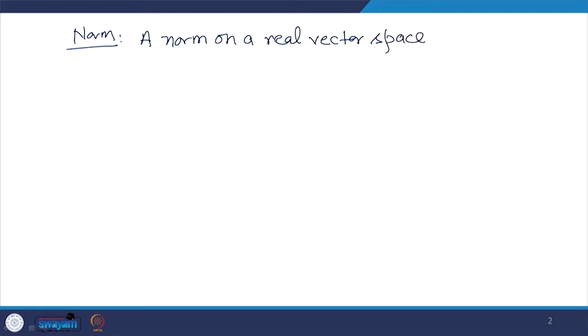So, let us come to norm. A norm on a real vector space V is a function denoted by this symbol. Why are we taking a real vector space?